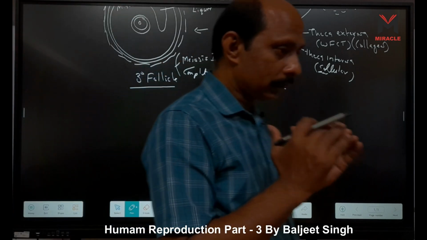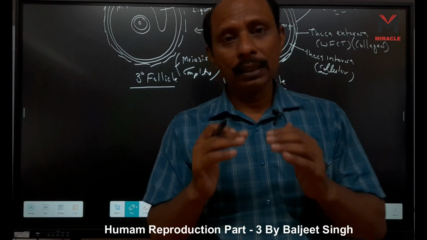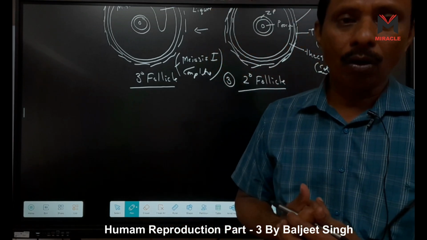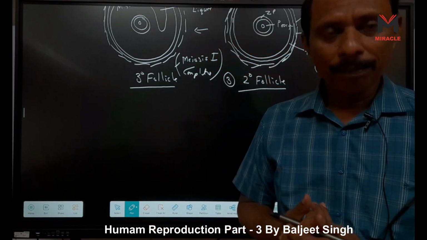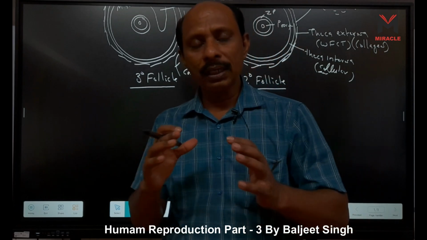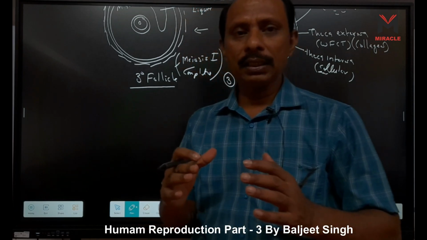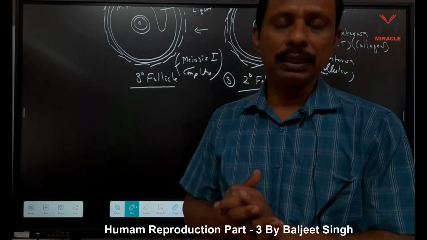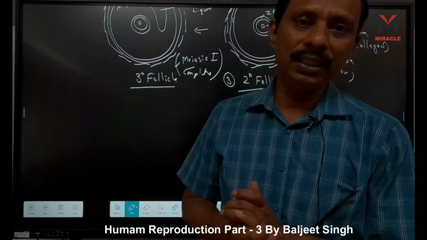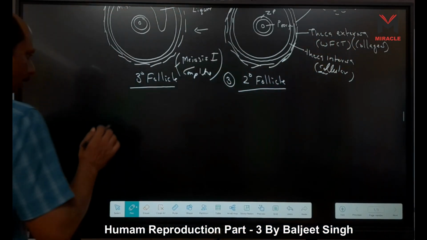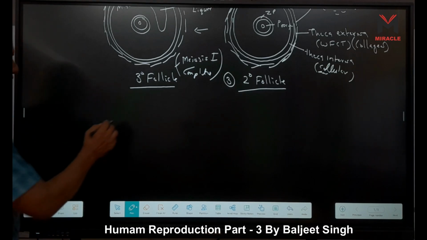The cells which are present at the antrum side are called cumulus oophoricus, and some cells which form the disc, attached with other granulosa cells, are called discus proligerus, right? Okay, I draw a structure and you can understand from it.